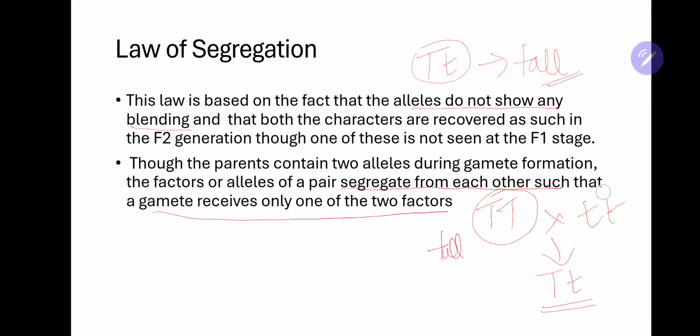This is tall and this is dwarf, and the offspring was tall itself. It is not at all a dwarf plant in the F1 generation, isn't it? That is what is told in the law of segregation. The gamete receives only one of the two characters, and only the tall character was expressed in the F1 generation. So that was all about the law of segregation.